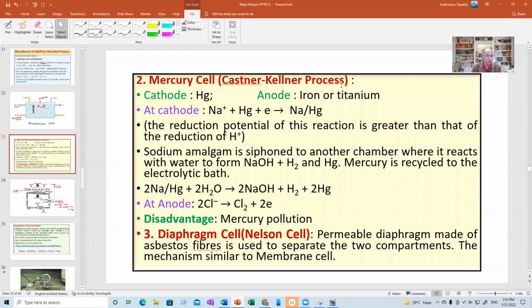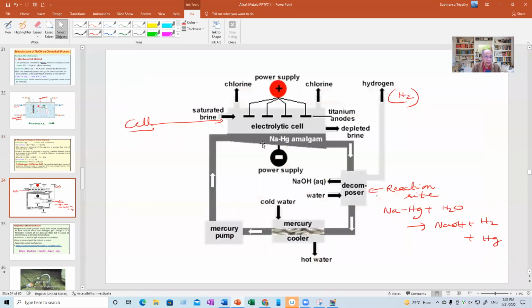The Castner-Kellner cell or process is being increasingly not encouraged, although it produces purer sodium hydroxide. Here you take mercury as the cathode. That is the interesting thing. That remains floating in the bottom part of the electrolytic cell. The bottom part is a floating mercury, and that will be siphoned.